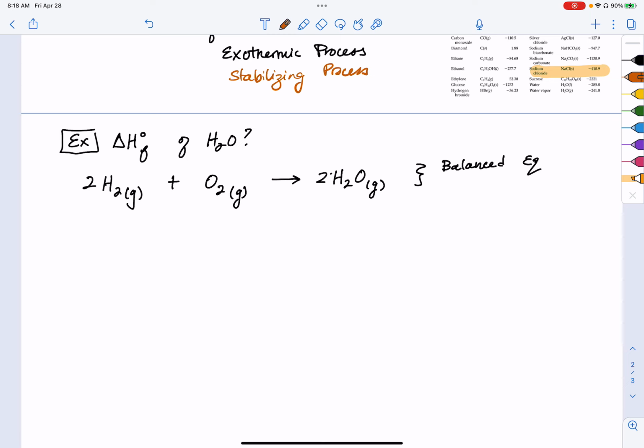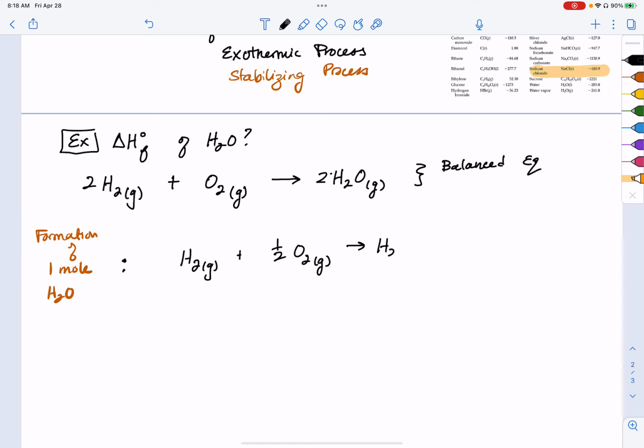But remember, if we're looking at the standard heat of formation, we've got to look at the formation of 1 mole of our substance, so that's 1 mole of water. So I would need to divide all of these coefficients by 2. So this becomes 1 hydrogen gas reacting with half oxygen gas to form H2O gas.